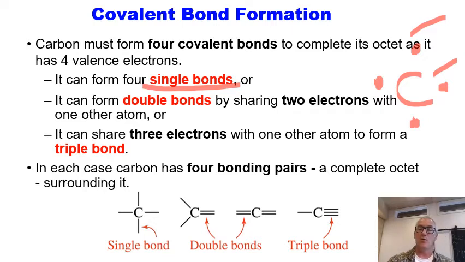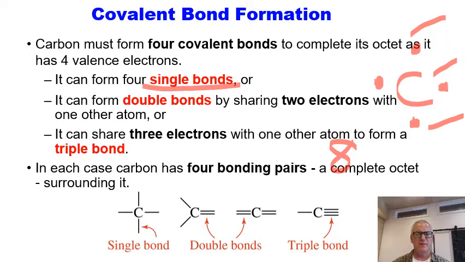Or it can share 3 electrons with an adjacent atom, which gives you a triple bond. And in each case, carbon then has 4 bonding pairs. 1, 2, 3, 4. 4 pairs of electrons is 8. So that gives you an octet.